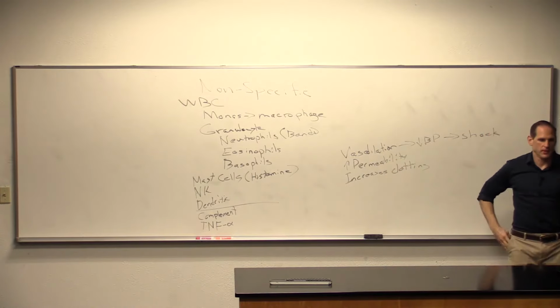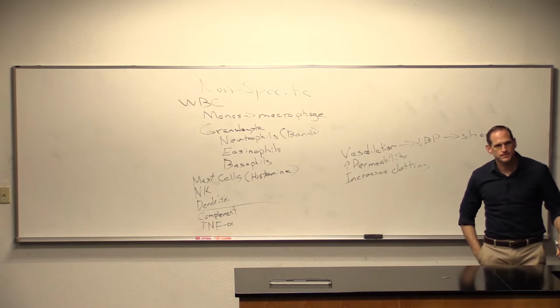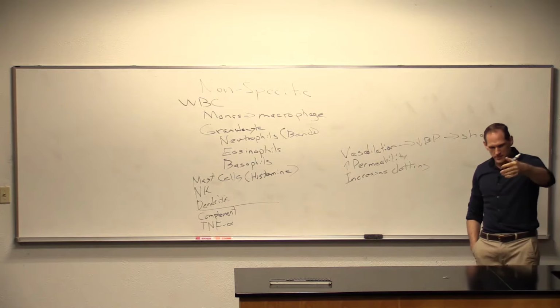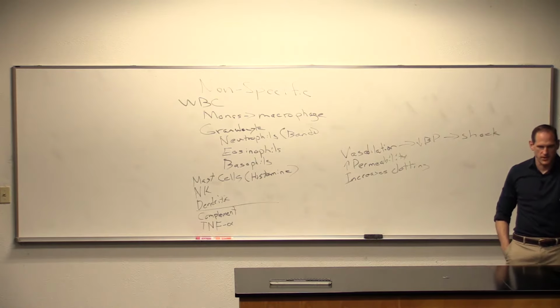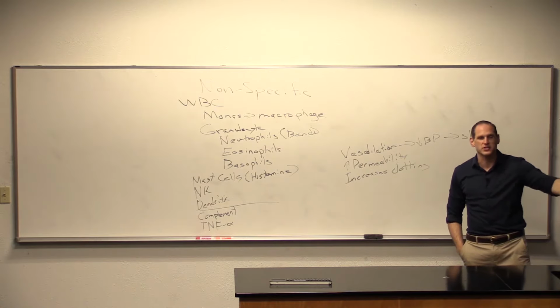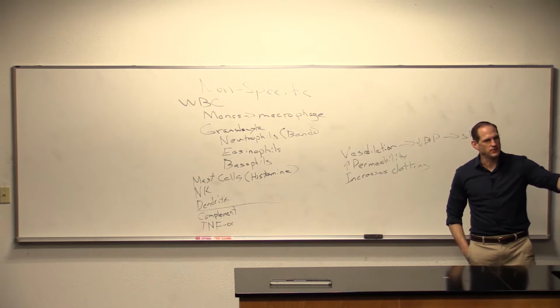Increased membrane permeability. What is that going to do? It allows the white blood cells to travel into the damaged tissue. Okay, well, it allows white blood cells and, more importantly, proteins. But when the proteins exit, what does that do to a certain kind of pressure? What kind of pressure would that be called?